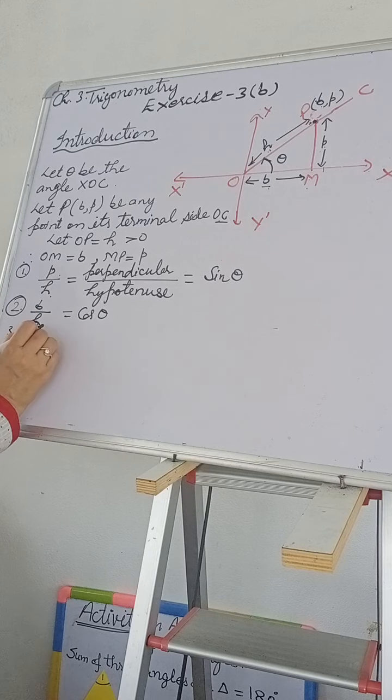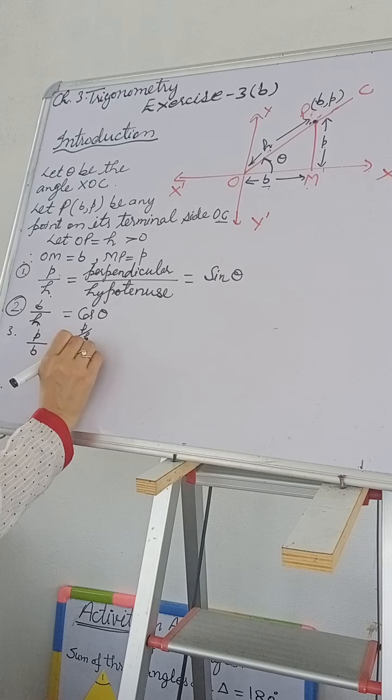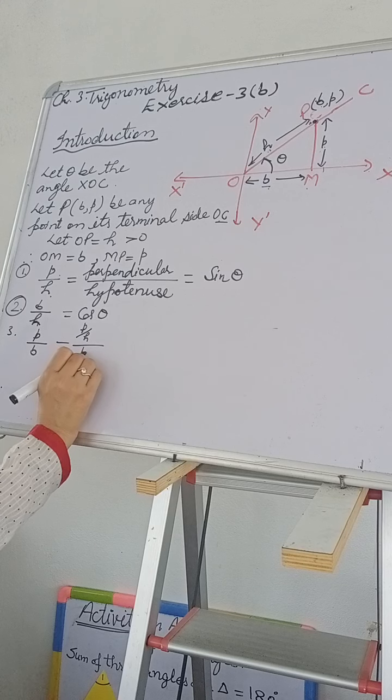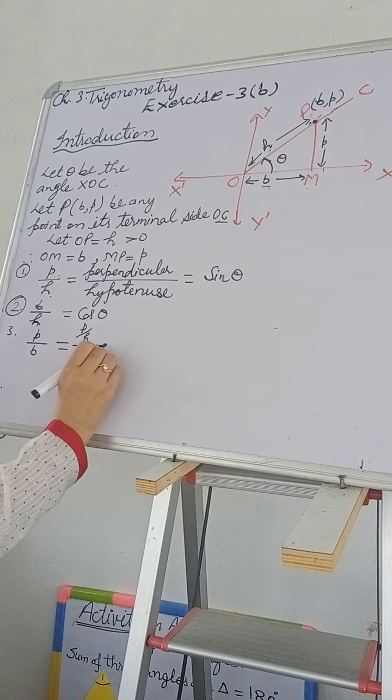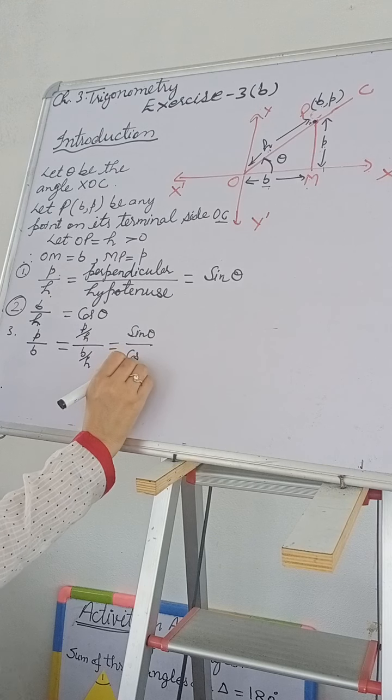Third function, p upon b, means perpendicular upon base. You can also write it as perpendicular upon hypotenuse over base upon hypotenuse, which is equal to sine theta upon cos theta.